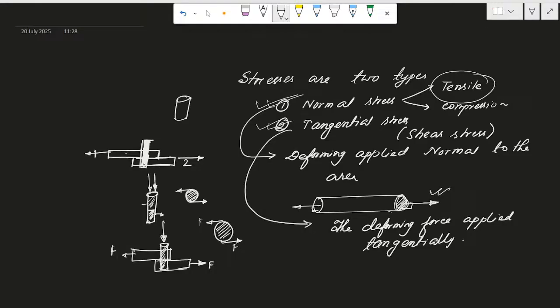Tangential, yes, that is what I am explaining. And this is basically your shear stress. Shear stress can often be experienced by fastening devices, meaning bolts, screws and rivets, all these things.